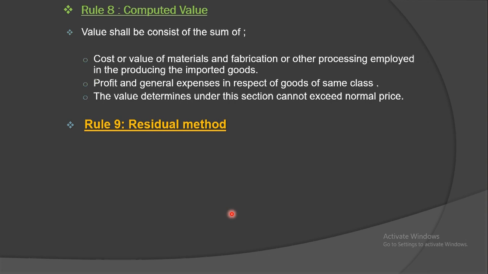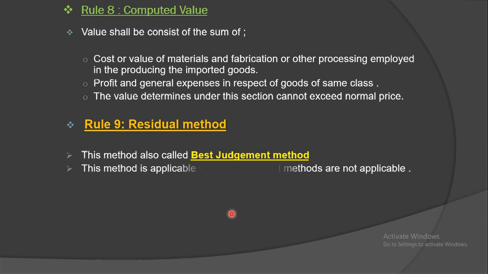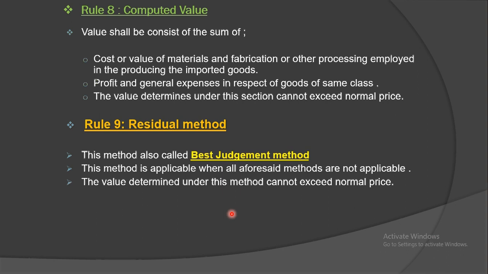The next rule is rule 9, the residual method. It is simply the best judgment method. There is no specific method, so the officer assesses the value of the goods on his best judgment. This method is applicable when all the aforesaid methods are not applicable. The value determined under this method cannot exceed the normal prices.